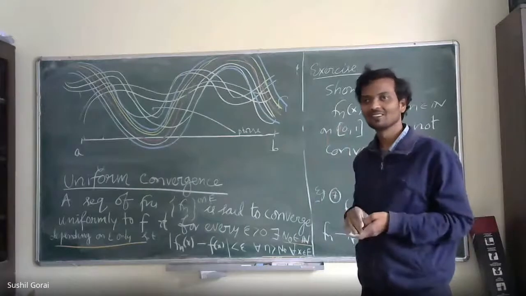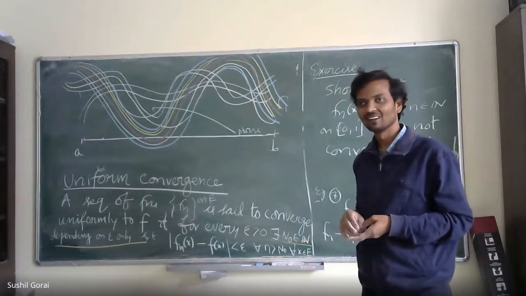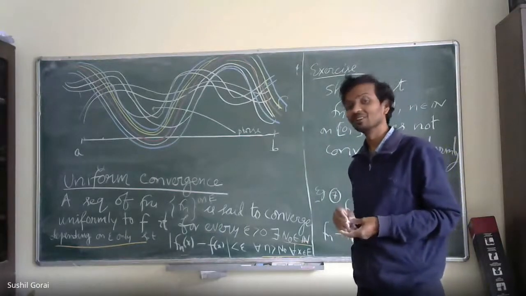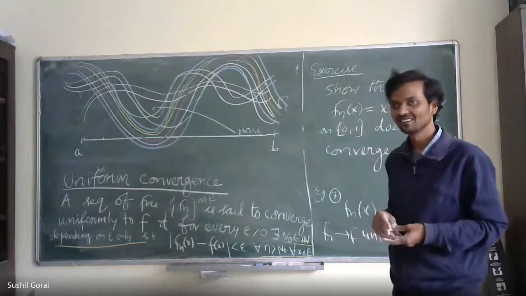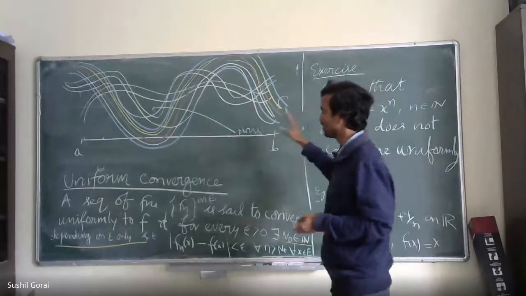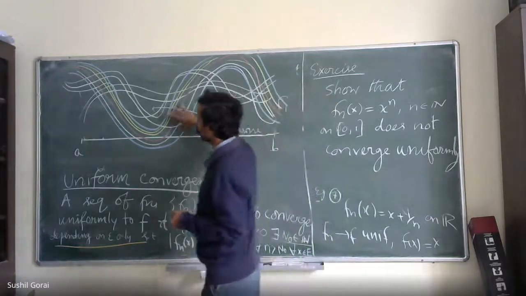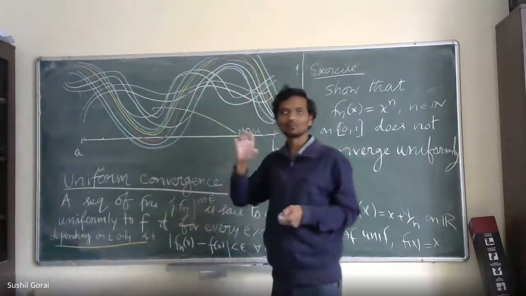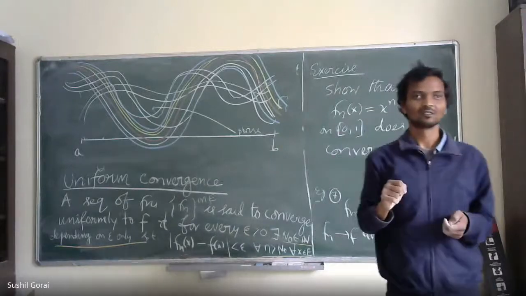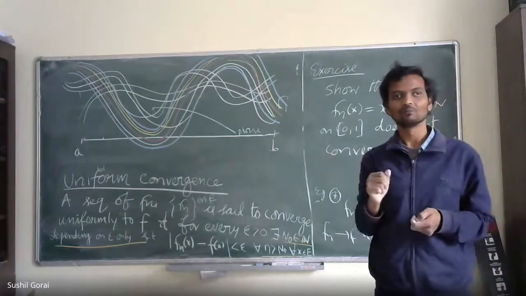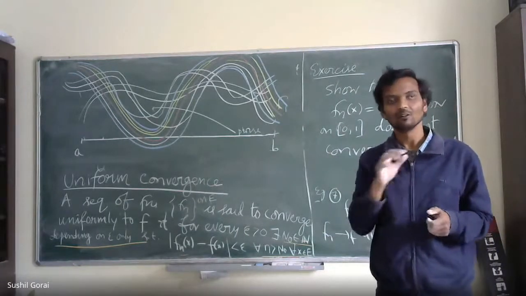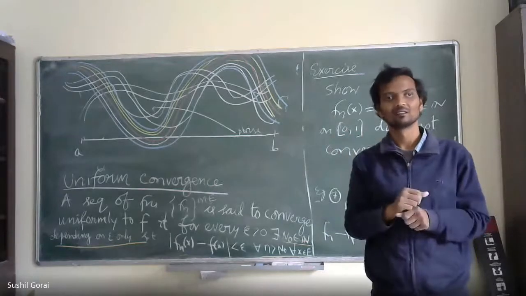I forgot to explain it, though I remembered I had to. The whole graph might not lie in an epsilon neighborhood in the pointwise convergence case. But for uniform, after some n, the whole graph must lie there.